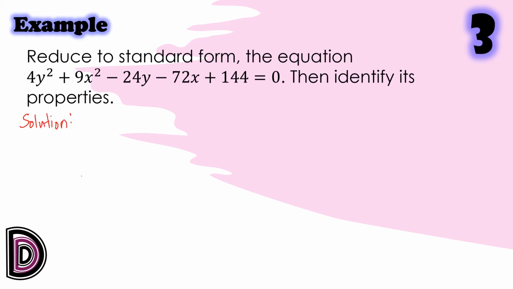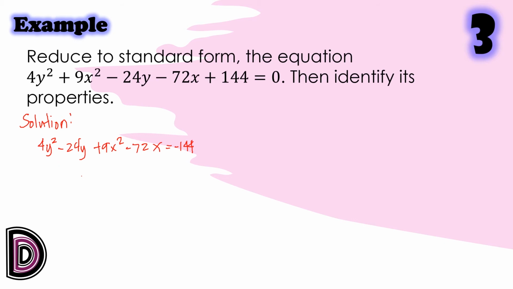And to reduce this to its standard form, we're going to collect the terms with variables y and x. So we have 4y² minus 24y plus 9x² minus 72x. And let us first subtract 144 from both sides so that the right-hand side will be negative 144.